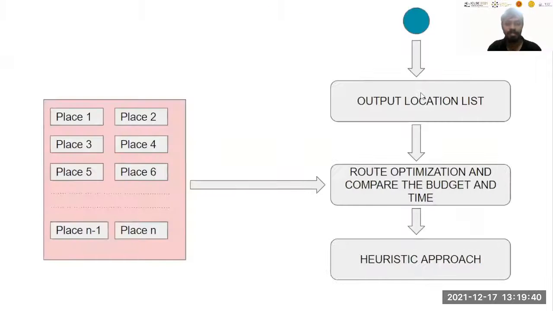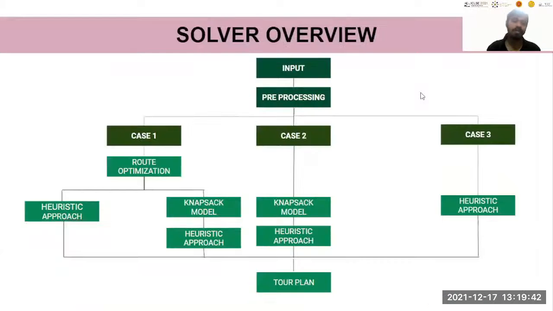Let's see how the solver works in the different kinds of cases. When the user selects from categories and also from places, we have a few categories like beach and historical places, and also the places that the user has specifically selected, such as Kandy and Arugambe.